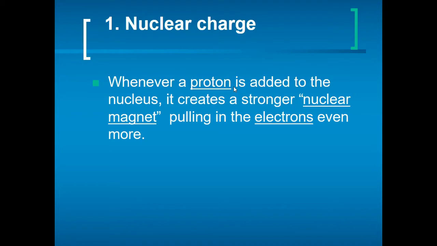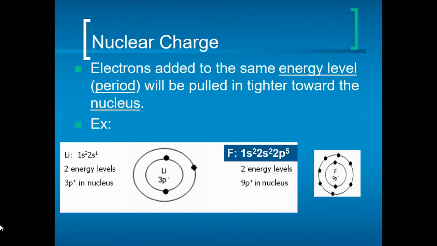You can kind of think of these protons, the positive part of your nucleus, as the parents who are trying to control the children, the electrons. The electrons want to get out, get as far away as possible. The protons want to keep them in. There's a nuclear pull, a magnet pulling electrons in more.